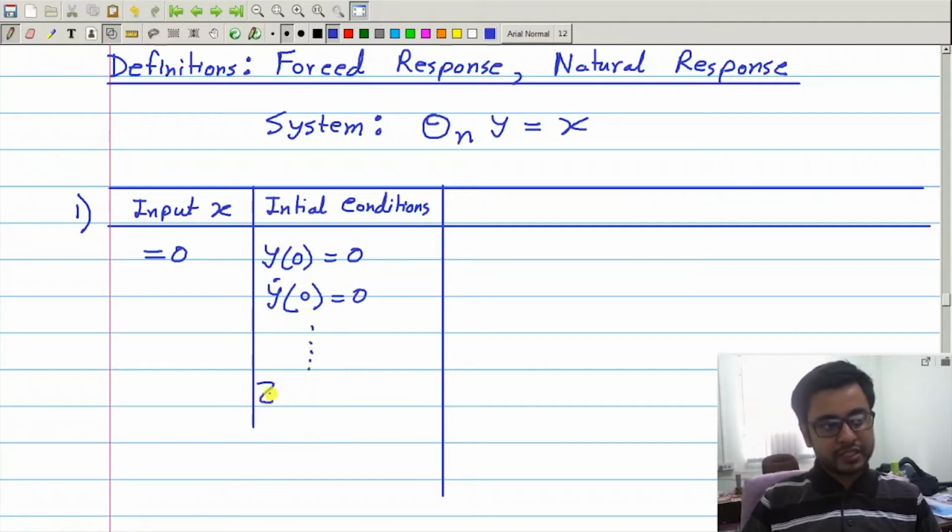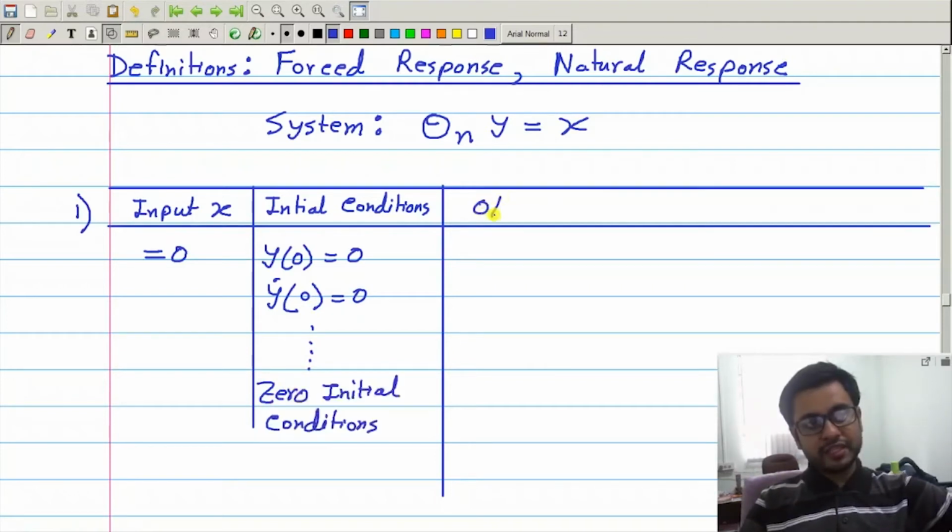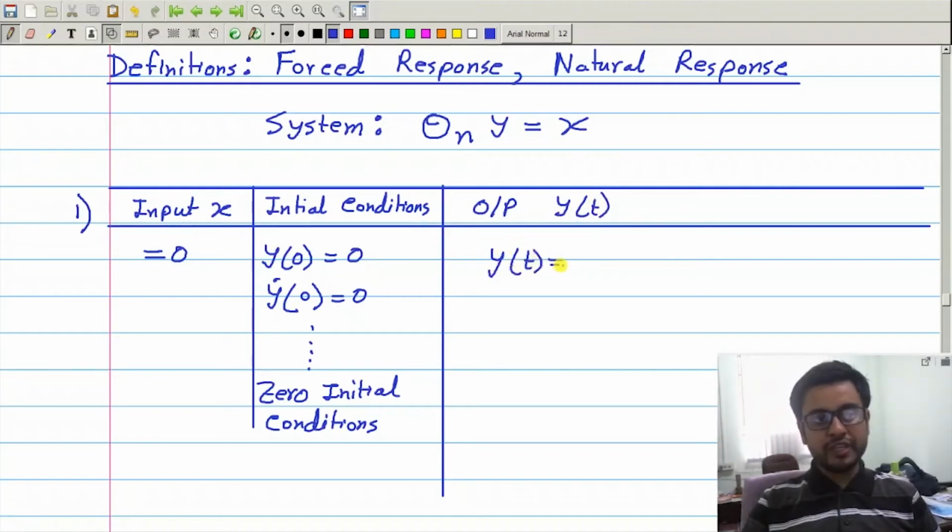So that means 0 initial conditions. What will be the output y(t) in this case? It is easy to see that y(t) will be equal to 0.